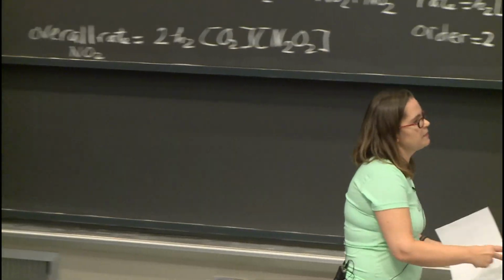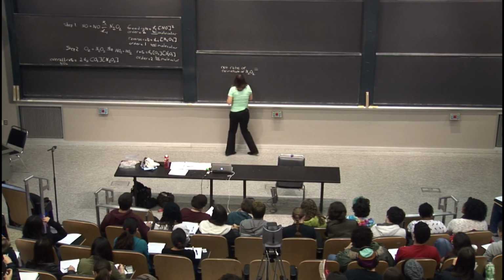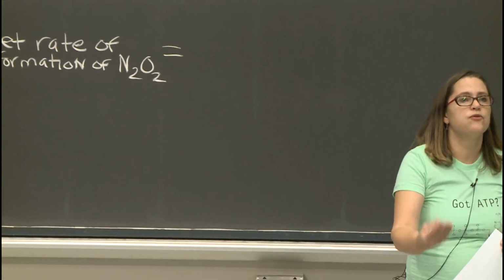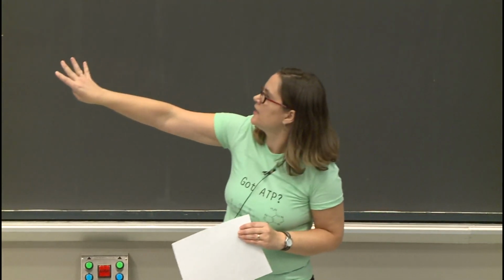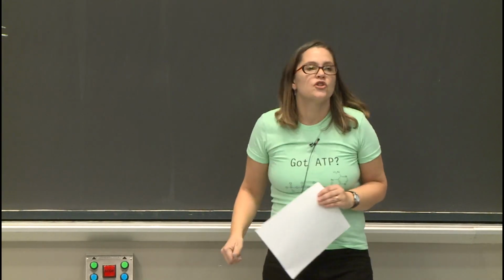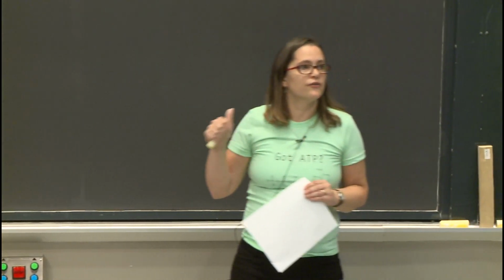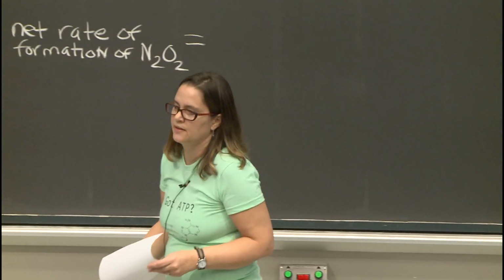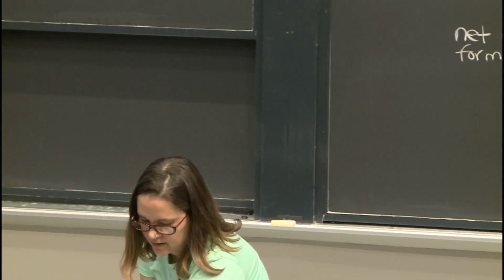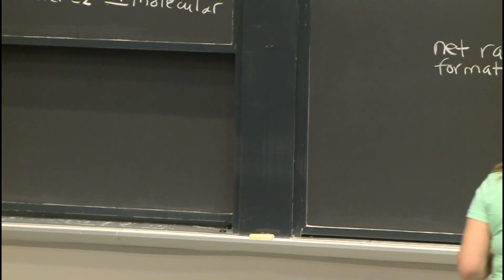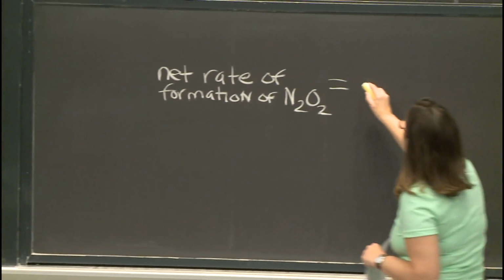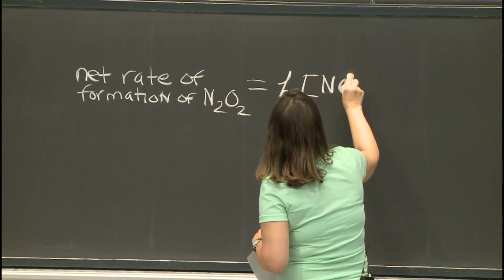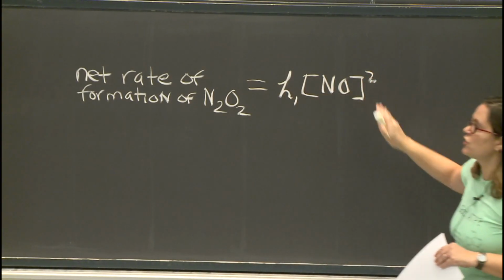So we want to think about now, what is the net rate for this formation? How is that intermediate being formed, and how is it being consumed given those steps up here? So it's only being formed in the forward direction of the first step, which is k1 times NO to the 2.